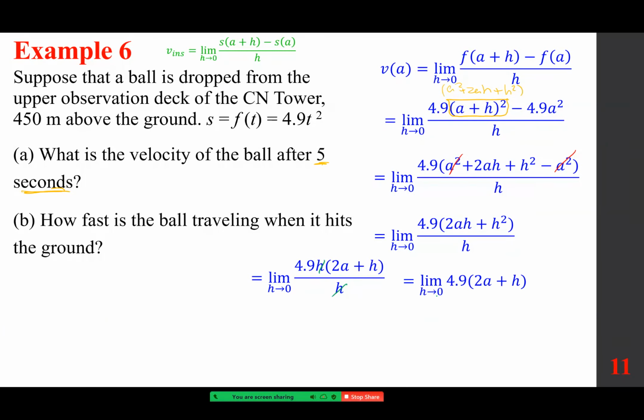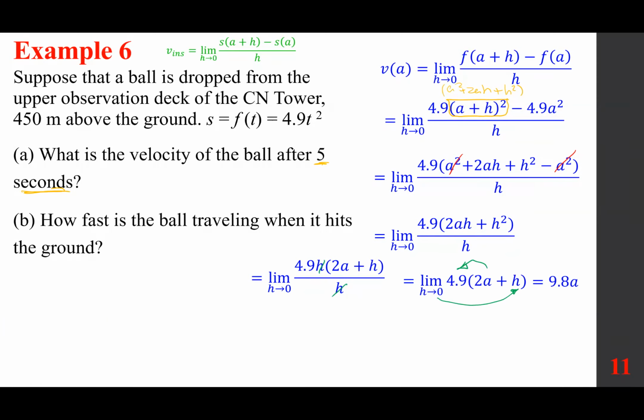So now, if I put it here, I get simply 2A times 4.9, which is 9.8A. So I got the velocity after A seconds. That's the meaning of it.